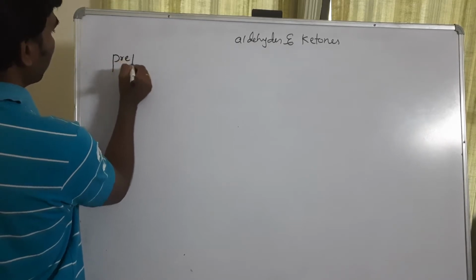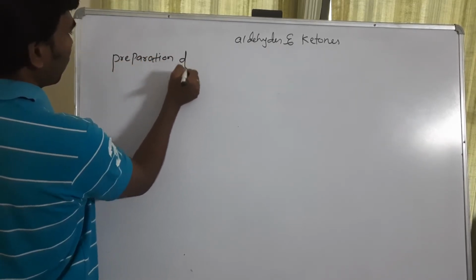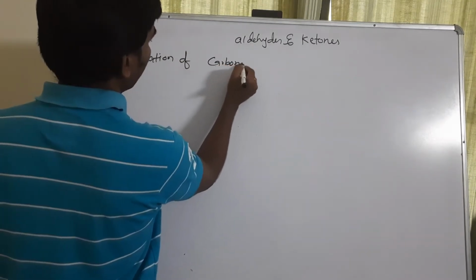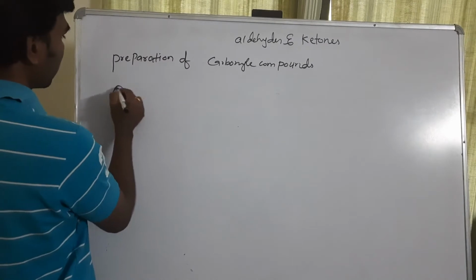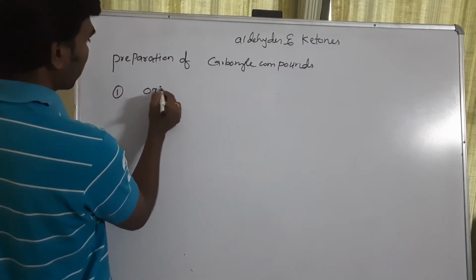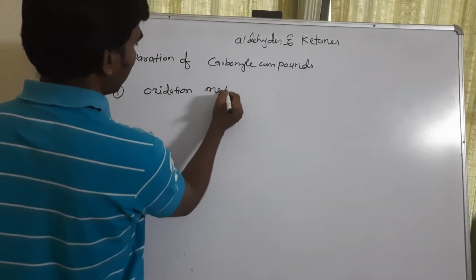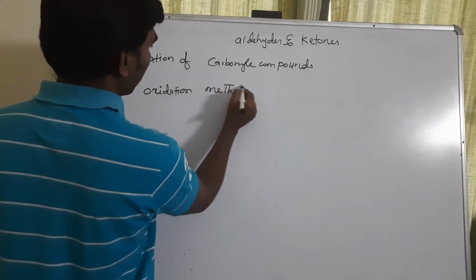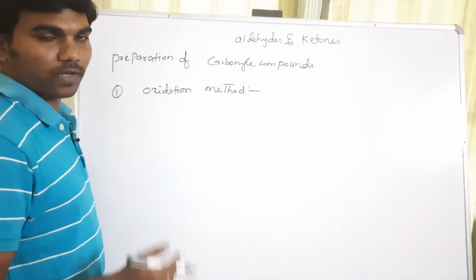Preparation of carbonyl compounds. First method is the oxidation method. In this oxidation method, there are different reagents for oxidation.